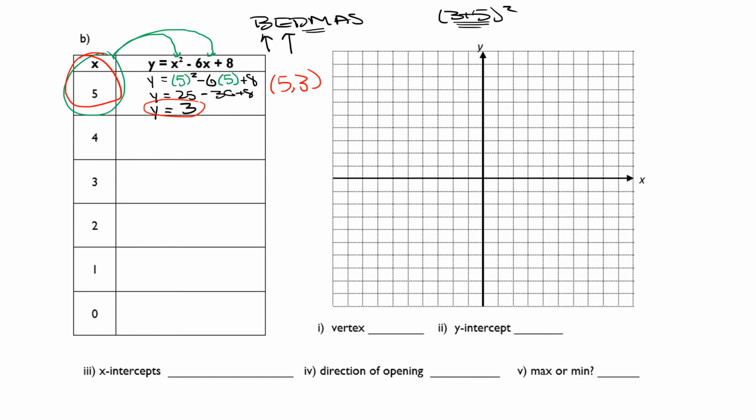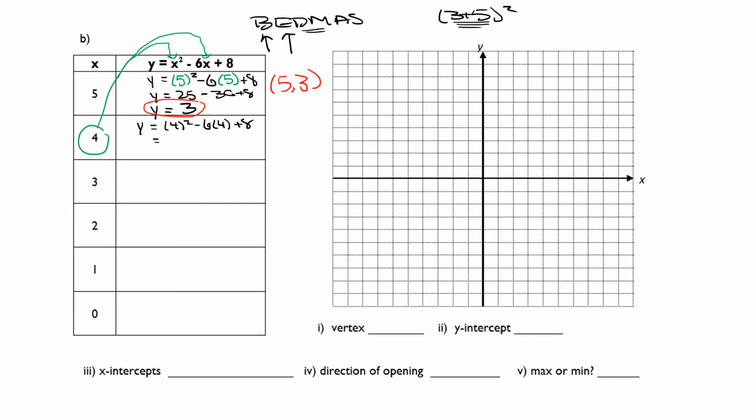Now I'm going to go and do the same thing with my second coordinate. I have an x value of 4 this time. So the 4 gets substituted into this x, always with brackets. So back up to the original equation, 4 squared minus 6 times 4 plus 8.